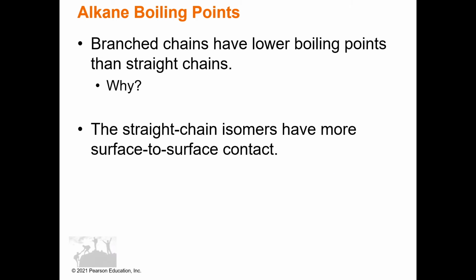So the hydrocarbons that we saw in the last slide were all straight-chained molecules. That's why they were labeled n-pentane or n-nonane. That n represents normal. So all of those carbons are in one straight chain. However, those hydrocarbons can also be branched.